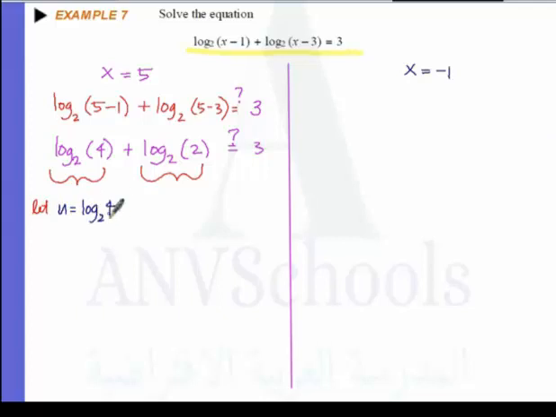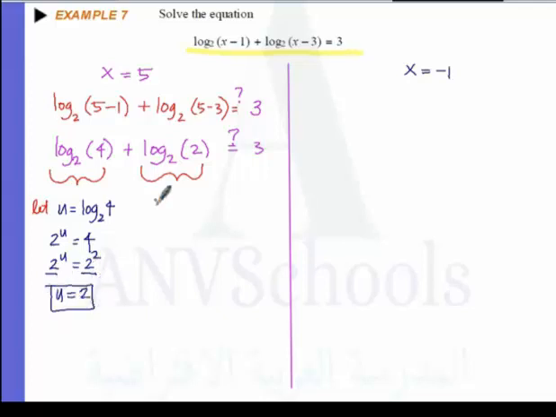So the value of this log 2, 4 is u, and taking the exponential form, we get 2 raised to u is equal to 4. If I want to get my u, then I have to raise the right value into the same base as the left expression. They now have the same base, therefore my u is just equal to the exponent here. So my u here is 2.